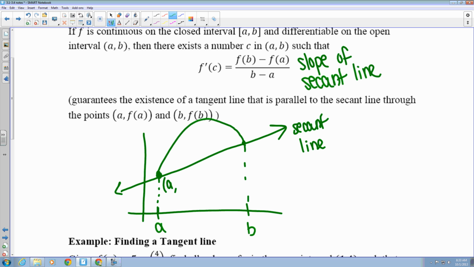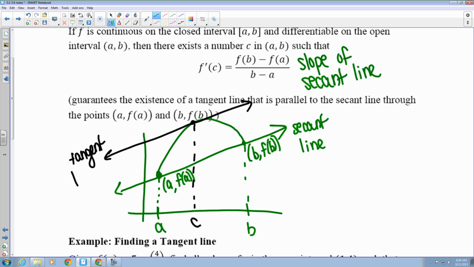This is a, f(a), and b, f(b). And there has to be some point in the middle, let's say at this point c, such that the slope of the tangent line is parallel, which I made it look like it is.